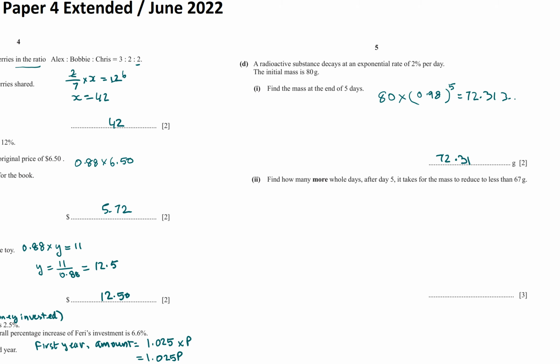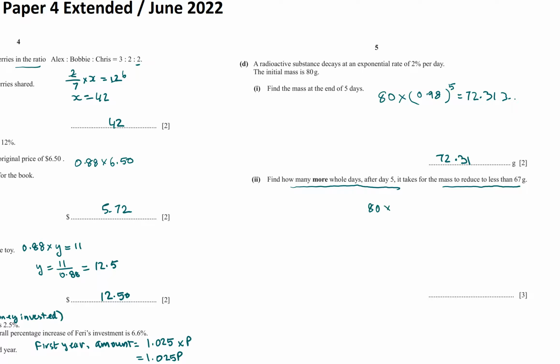And then it says, find how many more whole days after day 5 it takes for the mass to reduce to less than 67 grams. So it has to, of course, be more than 5. So if we just work out some numbers, try it out with 7.